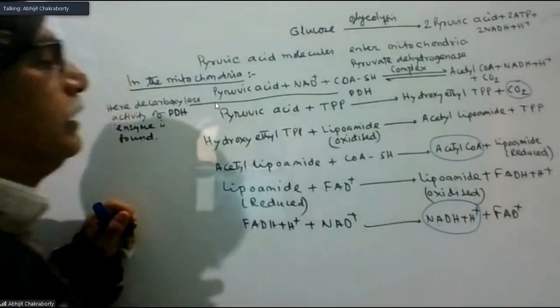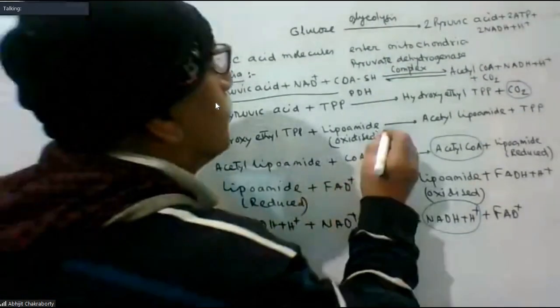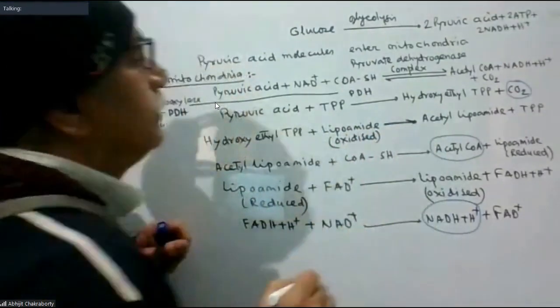Whenever hydroxyethyl lipoamide is converted to acetyl lipoamide, the enzyme is dihydrolipoyl transacetylase.